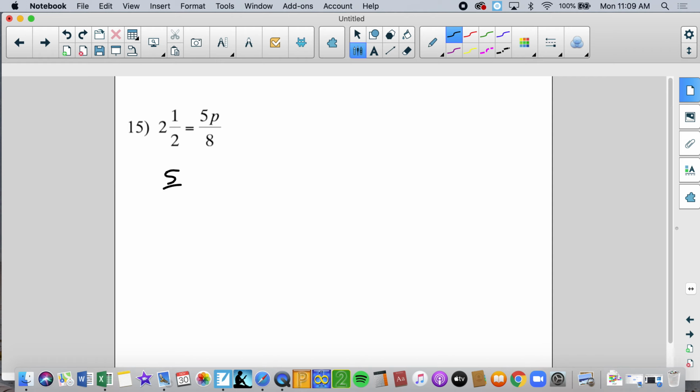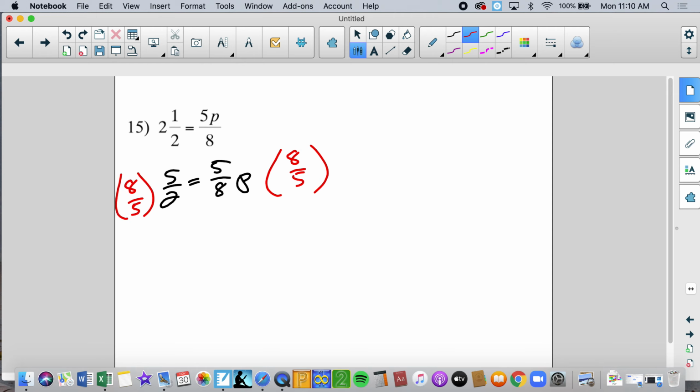Next is 5/2 equals 5/8 p, multiplied by the reciprocal, which is 8/5. The 5s are going to cancel. The 8 becomes a 4. The 2 becomes a 1. And that gives us 4 equals p.